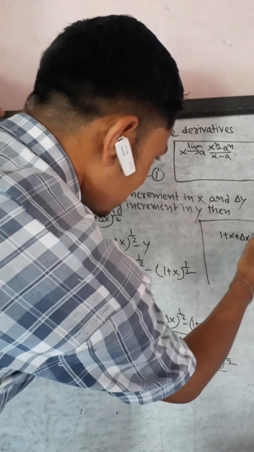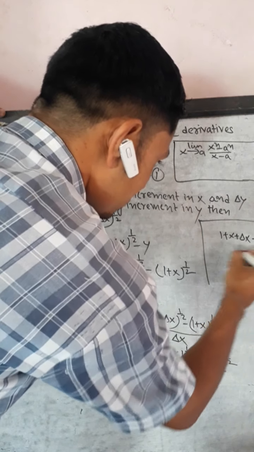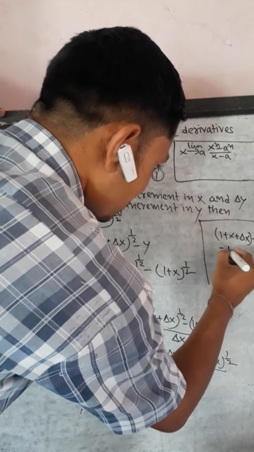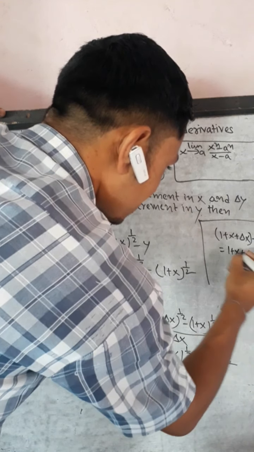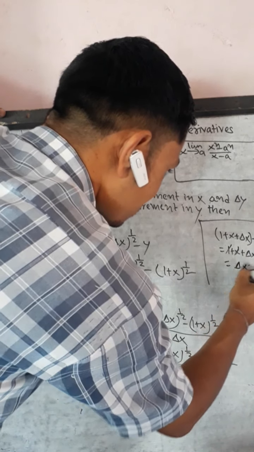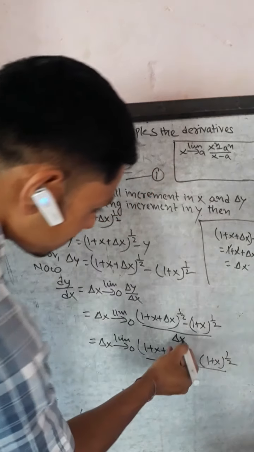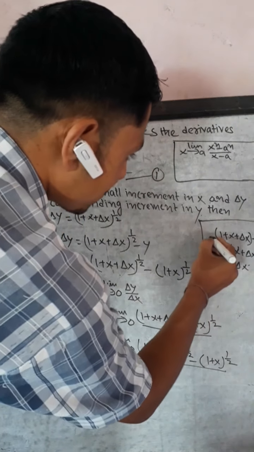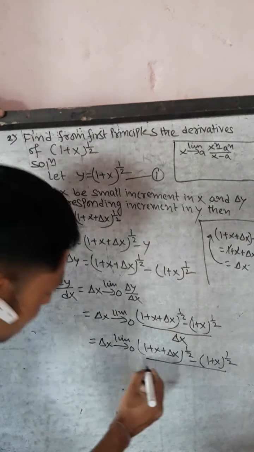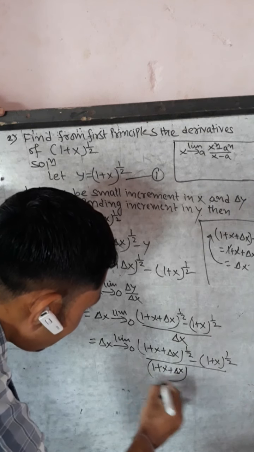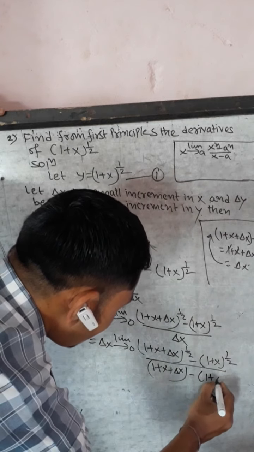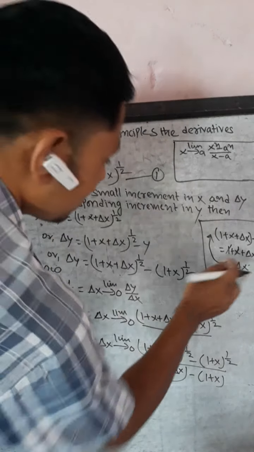If you subtract, what will you get? 1 plus x plus del x minus 1 minus x. The x is cancelled, so you get del x. So in place of del x, we can write 1 plus x plus del x minus (1 plus x). This you can write from here.